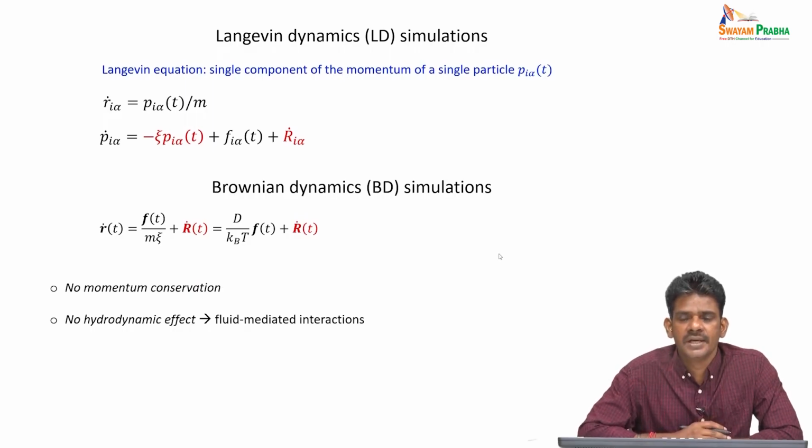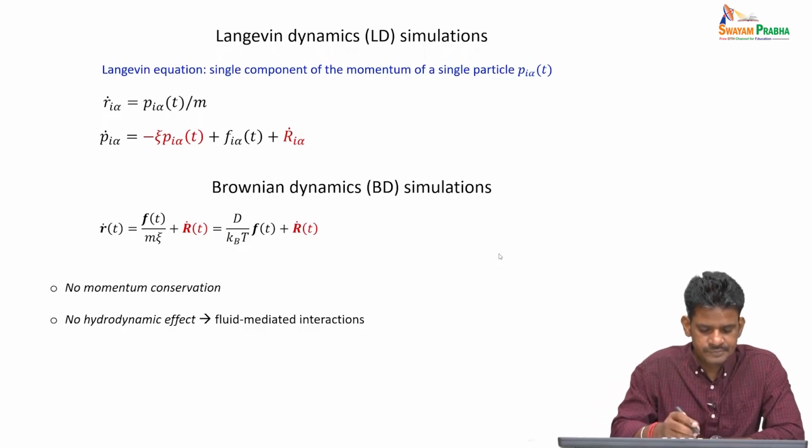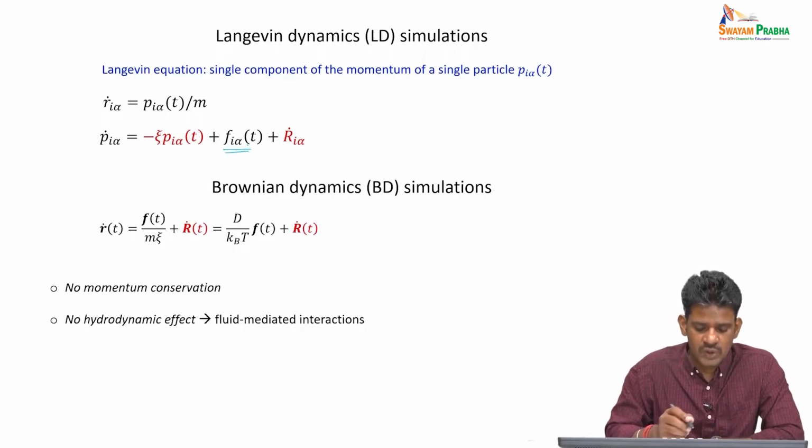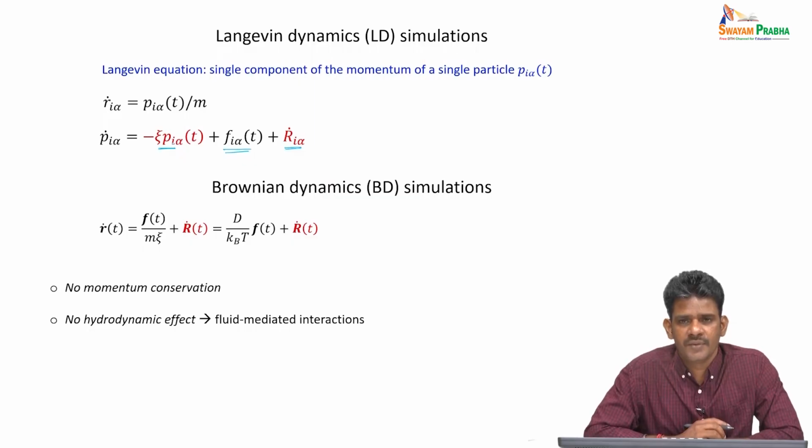And then our final set of discussion was about coarse-grained MD simulations, where, given that you have a solute and solvent, you want to treat the solvent as a medium with some effective interactions with the particles. So we can think of Langevin dynamics, where apart from the conservative force, the effect of the solvent is encoded in the random force as well as in the frictional force, and then one can go about solving them to get the dynamics of a solute in the background solvent of finite viscosity.